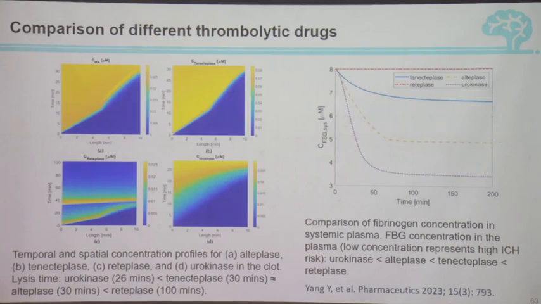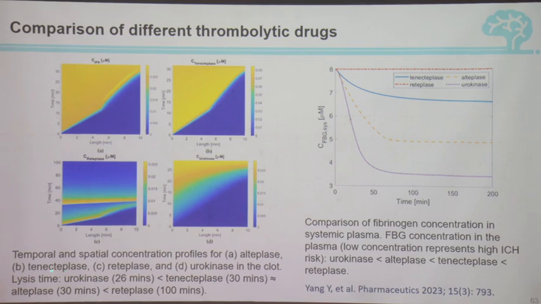Right, so then there are different types of thrombolytic drugs. Some of these are new, some of these old. So with our model, we can simulate the performance of different drugs. Alteplase is the standard TPA, the FDA-approved drug used in the treatment of ischemic stroke.